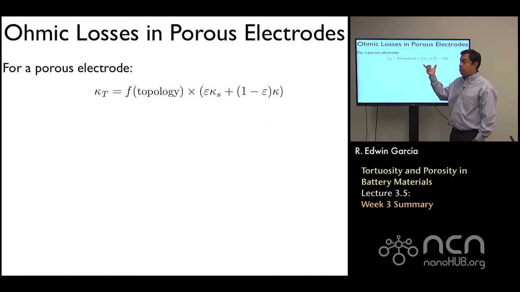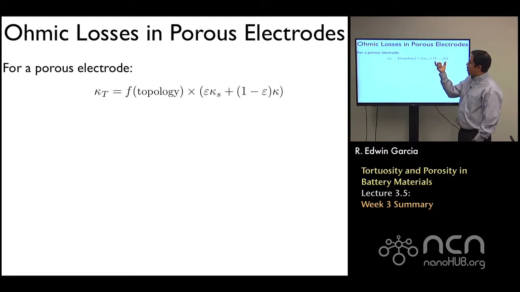They are, to a first approximation, described in terms of the porosity associated to the system. So the more porosity you have, the more contributions to the conductivity associated to the electrolyte you have. And if you have an electrode where the particles have a large conductivity, then 1 minus the porosity times the conductivity gives you a contribution to the overall conductivity of that system.